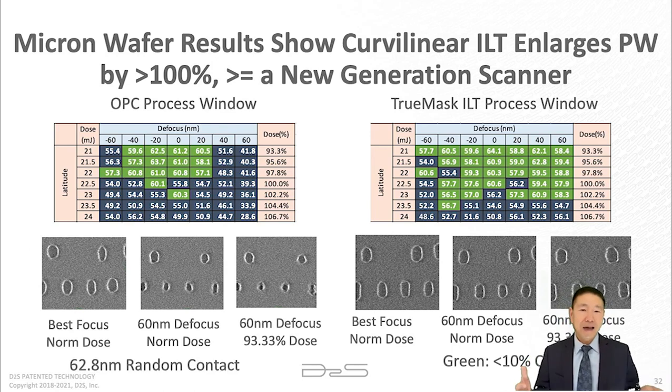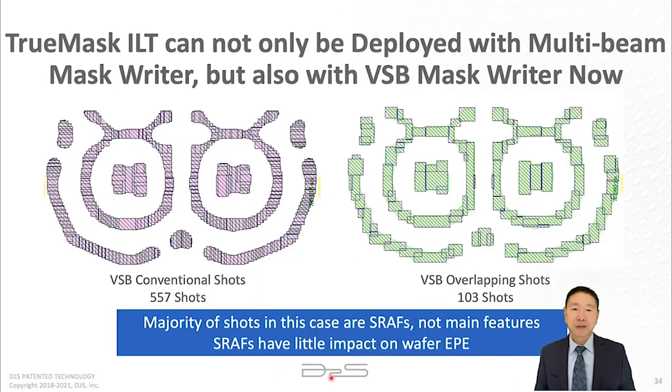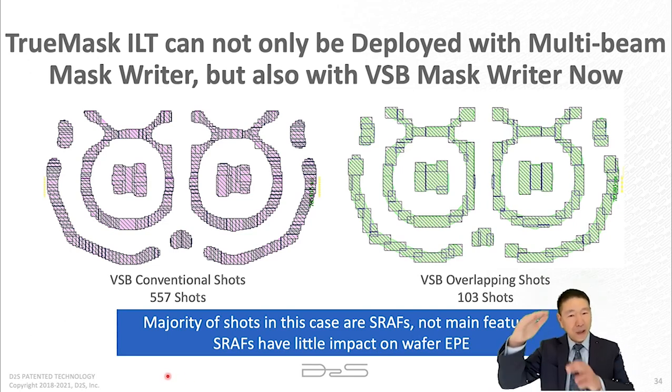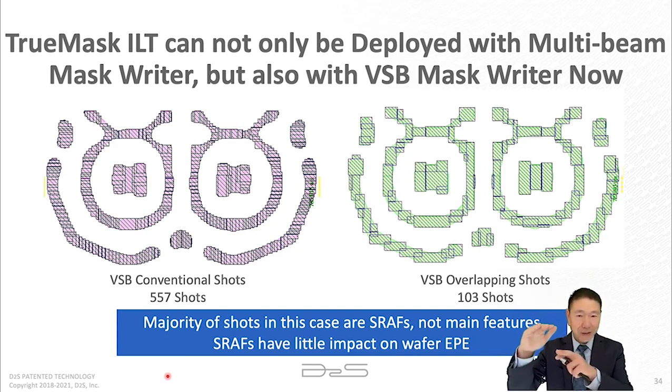Okay, that's the end of the story for curvilinear full chip ILT using a multi-beam mask writer. But still, the mainstream mask writer for most of the mask houses is still the VSB mask writer. Is there a hope to actually do full chip curvilinear ILT even using a VSB mask writer? Well, many people tried that before, starting from Luminescent, trying to align those edges so that it will reduce the number of shots.